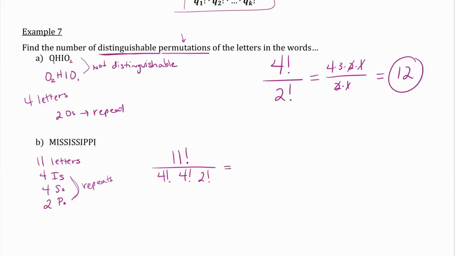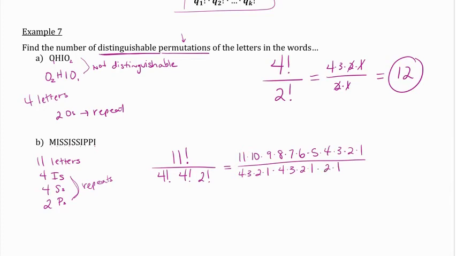Use your parentheses wisely if you're going to type it all in at the same time. Or you can write it out if you want to. So 11, 10, 9, 8, 7, 6, 5, 4, 3, 2, and 1. And then the bottom, we've got 4, 3, 2, 1, and then another 4, 3, 2, 1, and then a 2 and a 1.